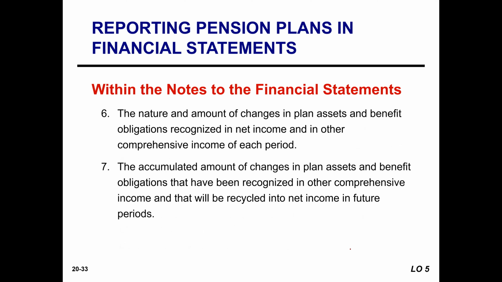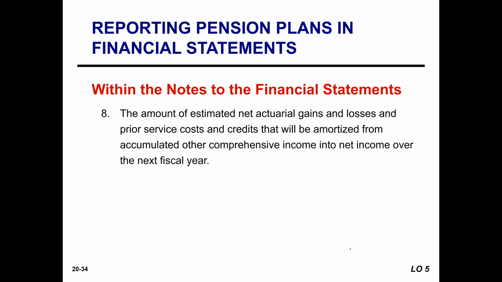Number seven, the accumulated amount of changes in plan assets and benefit obligations that have been recognized in other comprehensive income and that will be recycled into net income in future periods. And lastly, number eight, the amount of estimated net actuarial gains and losses and prior service costs and credits that will be amortized from accumulated other comprehensive income into net income over the next fiscal year.